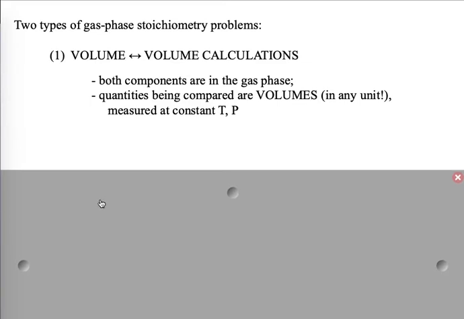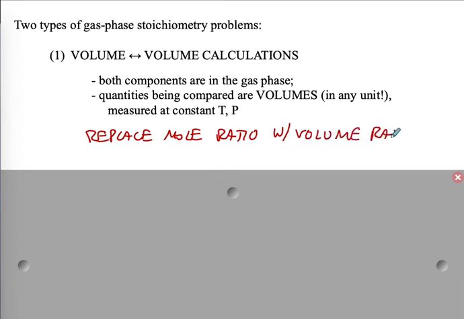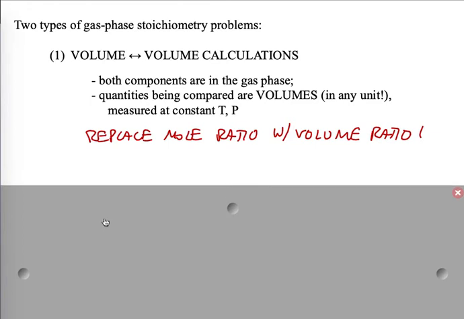The method we use is simply to replace the mole ratio with a volume ratio. The volume ratio has the same numerical values. It has the same numbers in the numerator and denominator as a mole ratio. The only difference is that it has units of volume instead of units of moles.